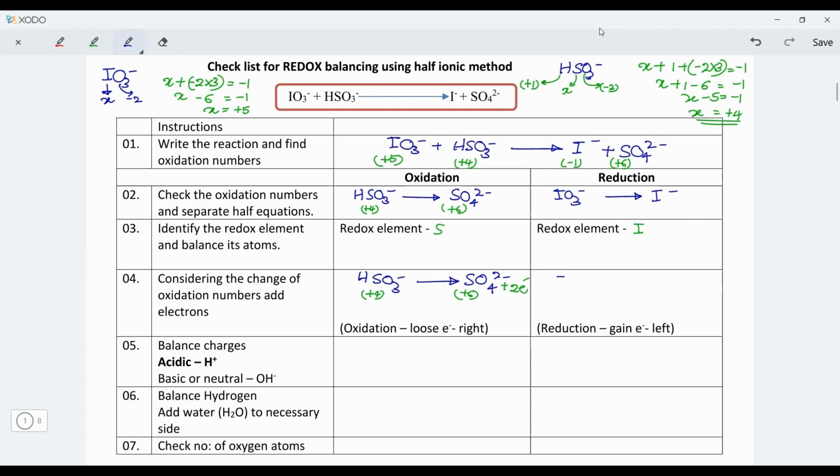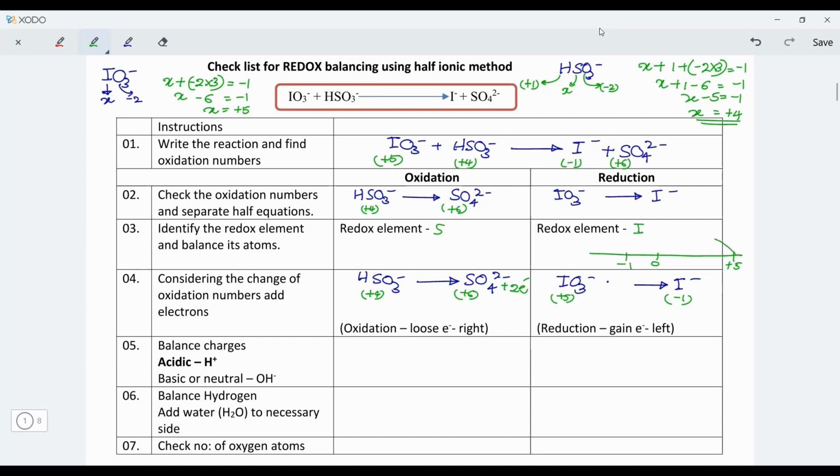Let's try it for IO3 minus also. The oxidation numbers are changing from plus 5 to minus 1. Now what's the change? From plus 5 to minus 1, the change is 6 electrons. Right? 6 electrons. Now think about the number line. In your number line, plus 5 is somewhere here, and 0 is somewhere here, and minus 1 is somewhere here.